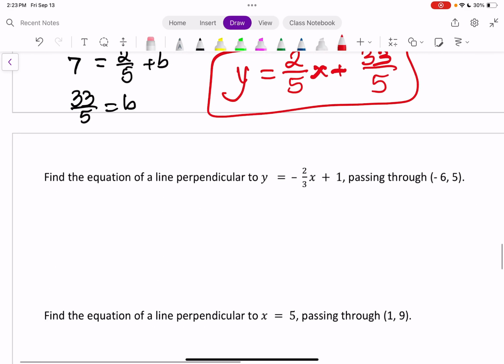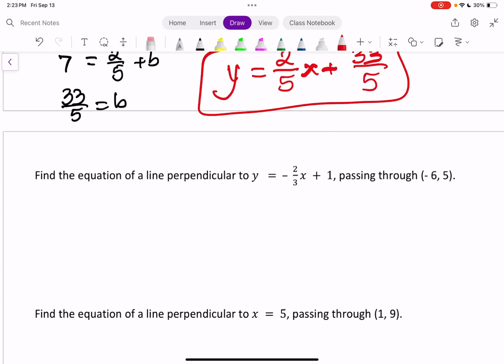So here's a couple more. Want to find the equation of a line. My line is perpendicular to this one.